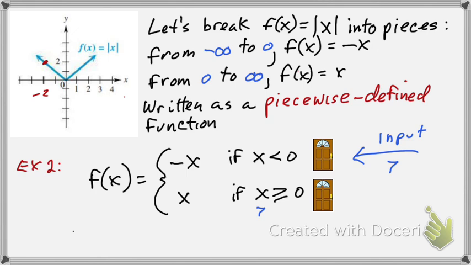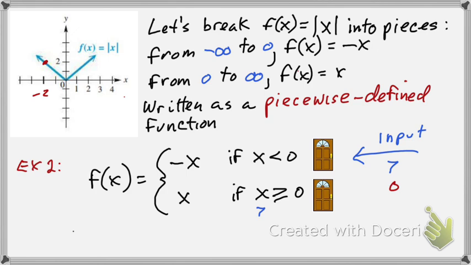What if I send a 0 in? Which door? Bottom. And so I'm down here at the bottom part, and it says whatever x is, y is. So y would be 0. Confusing?